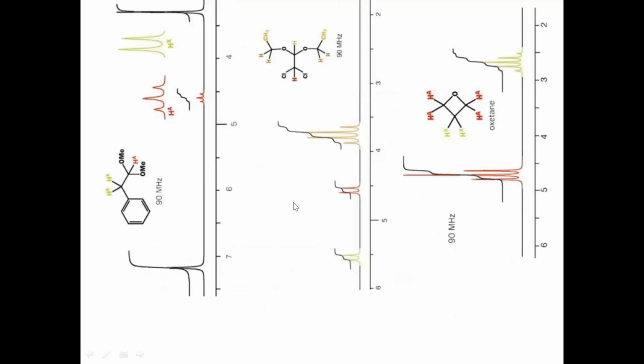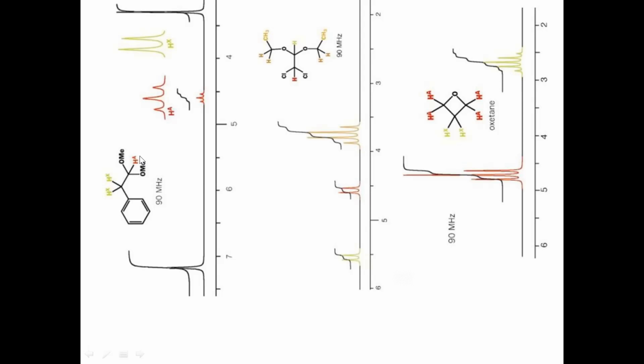Okay. You can see this spectra. In this spectra you can see this benzene ring attached with HX and HM diastereotopic protons, and the other nearby carbon is attached with 2 methoxy and 1 proton.